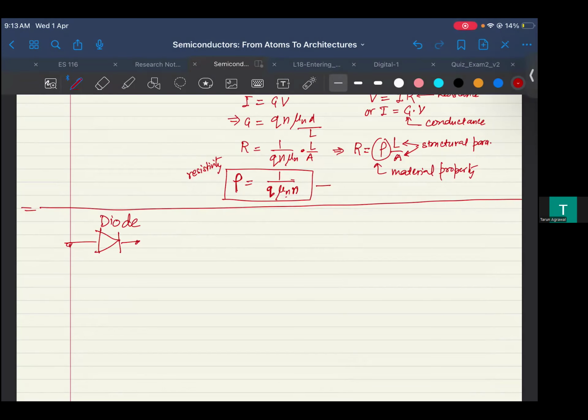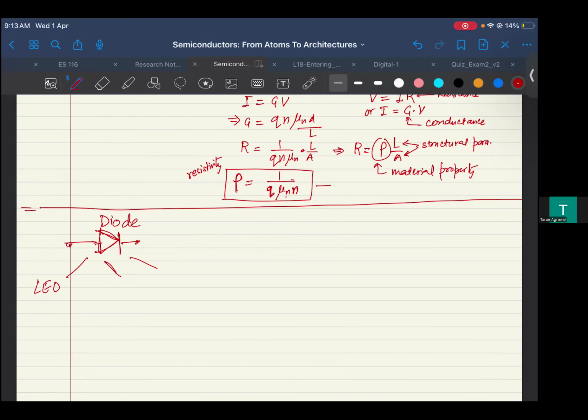I hope all of you have come across this amazing component called a diode, which is very widely used in all your power electronics, or even in your circuits, or even in your chips, right? There are multiple applications of diodes, and I would not be able to do justice to them there, but if you are interested, you can look at them. I can give some of them. As we saw, one of the diodes was also used as a solar cell. It can be used as an LED.